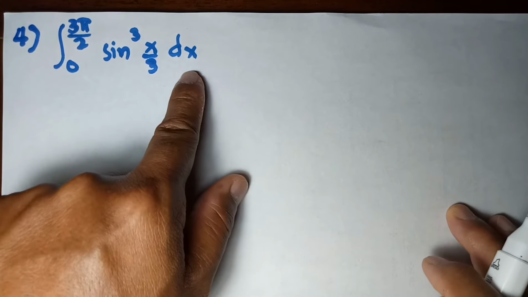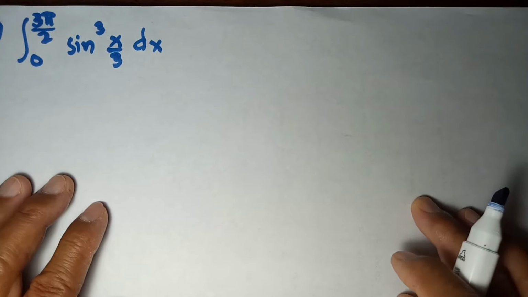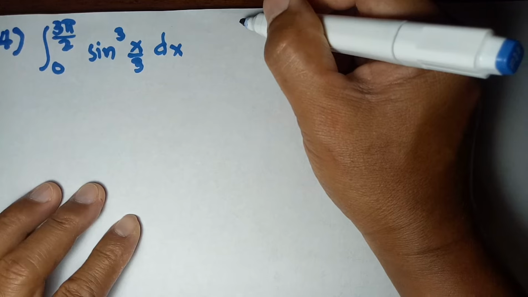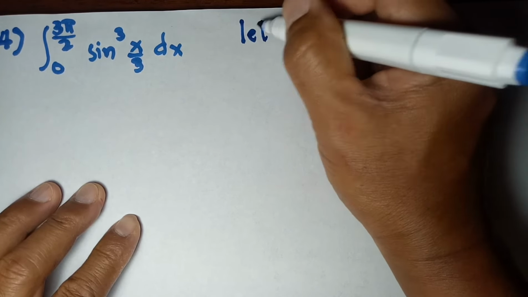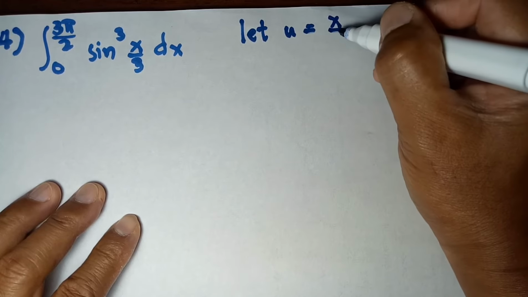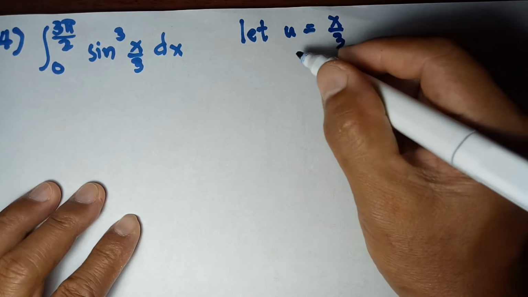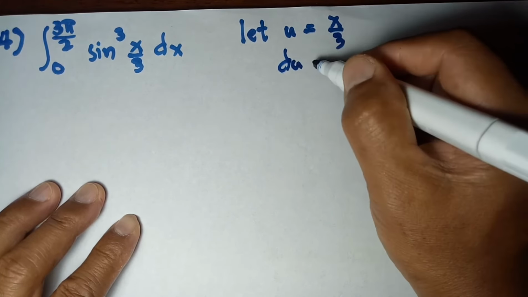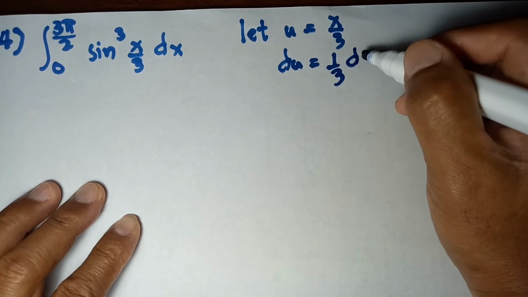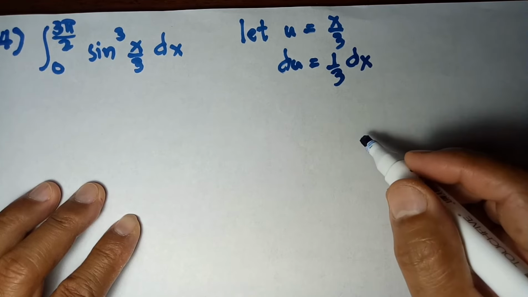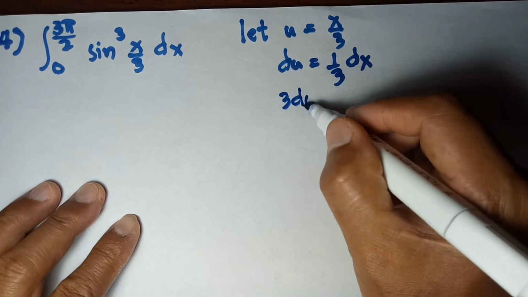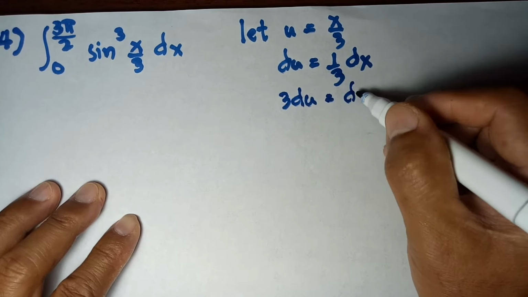Dito, let u equals x over 3. So, du equals 1/3 dx. And then, 3 du equals dx.